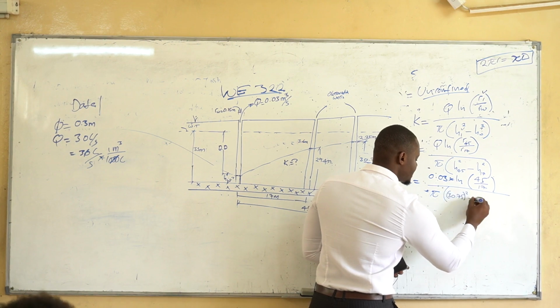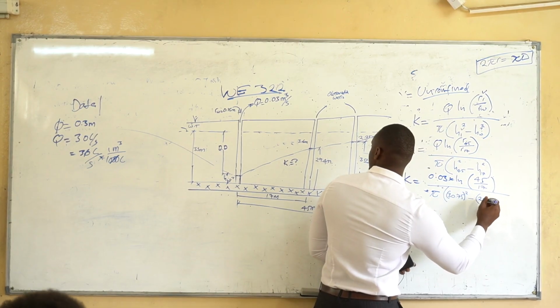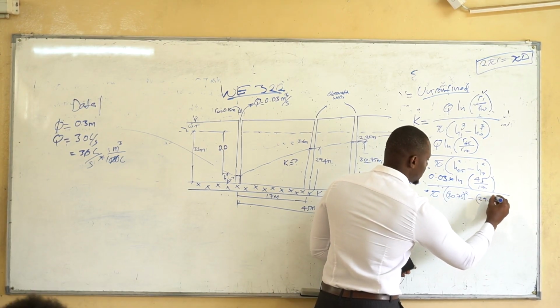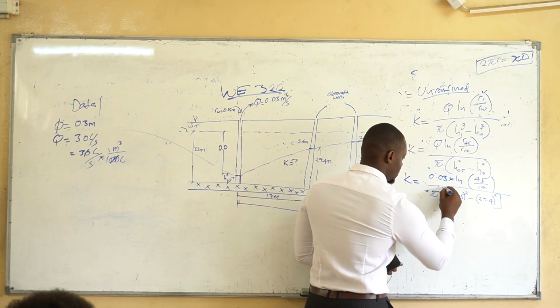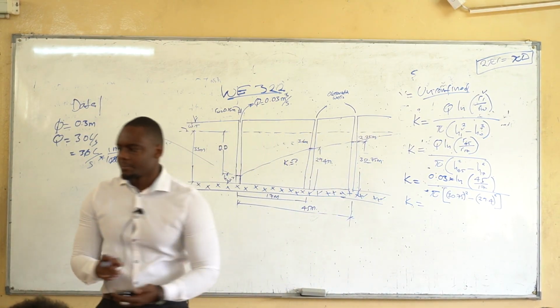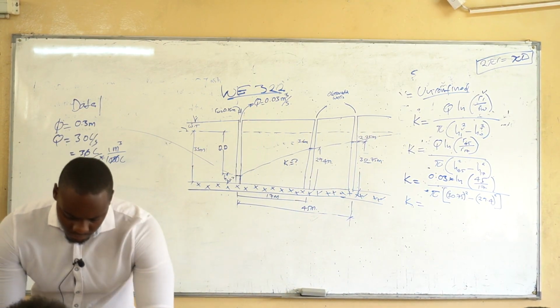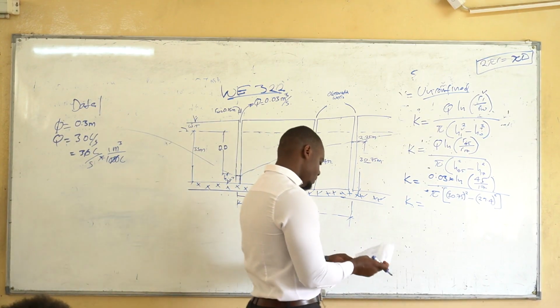Make sure to put the brackets there when you're punching. And then we have 29.4, raised to the power 2. If your mathematics is correct, let me see what I had found here.